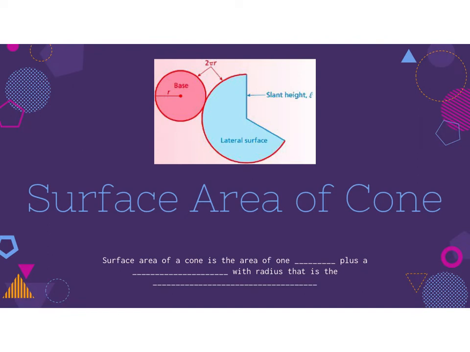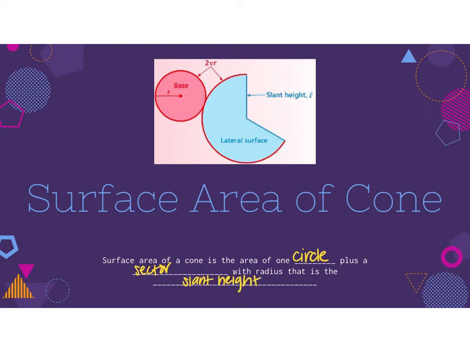All right, now let's talk about surface area of a cone. The surface area of a cone is the area of one circle plus a sector with radius that is the slant height of the cone.